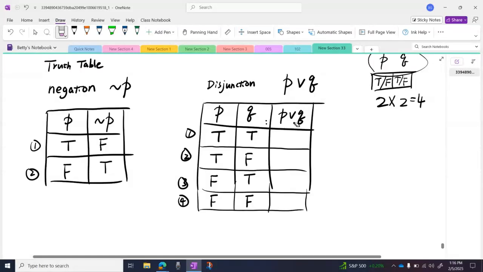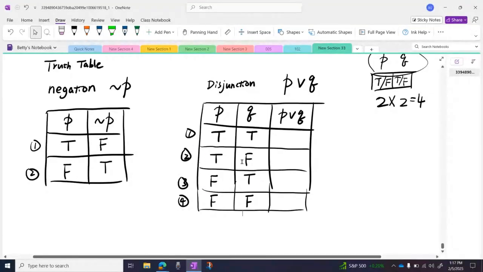But as I mentioned, by convention, we want to follow the same order. TT, TF, FT, FF. So we have 4 different cases for the truth values of the 2 pieces in a disjunction. Okay, now let's see, how do we determine the truth value for the disjunction in the 4 cases?